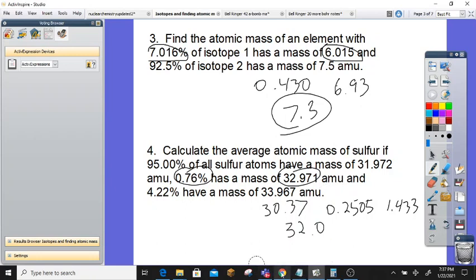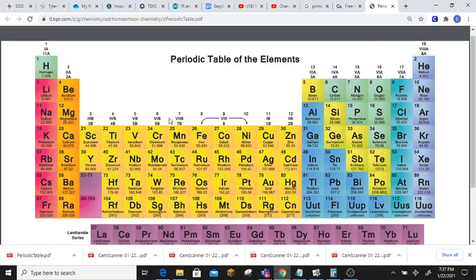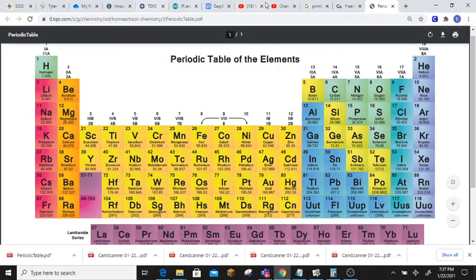And if we take a look at sulfur, sulfur 32.0. And the more decimals you put, the more accurate it'll be, but that's okay, as long as you kind of get the picture of where those numbers here come from.